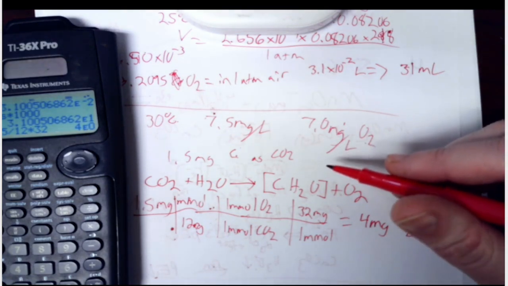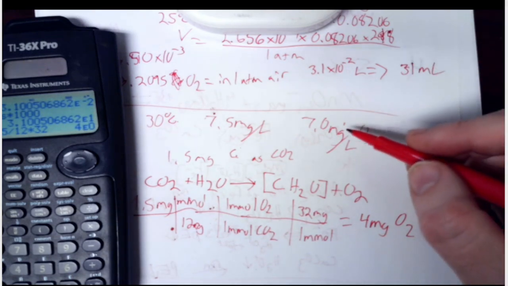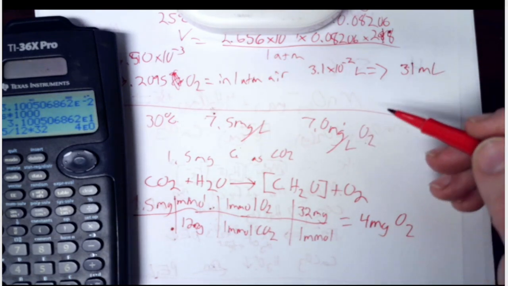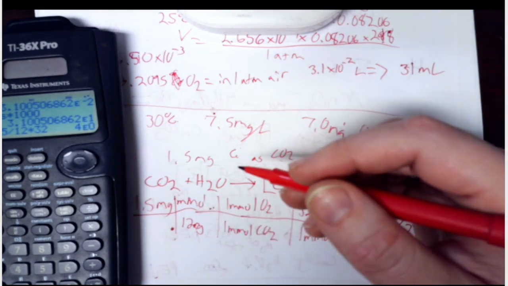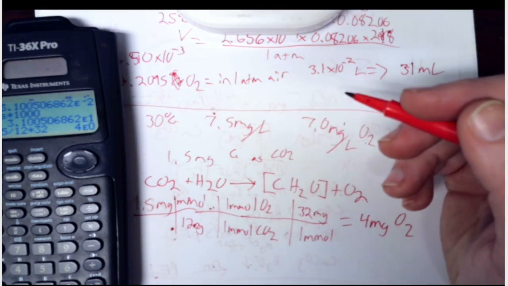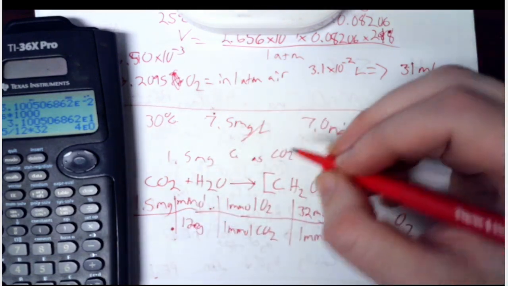Now, if there's already 7 milligrams per liter, that could potentially oversaturate it. So the question they should have asked is how much water would need to be present for this to not saturate it.